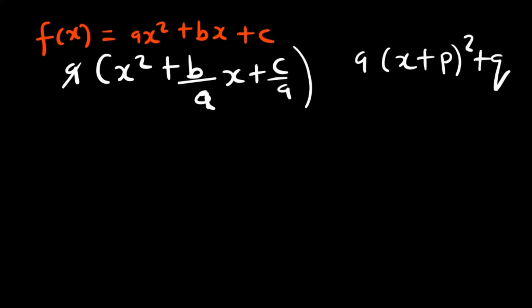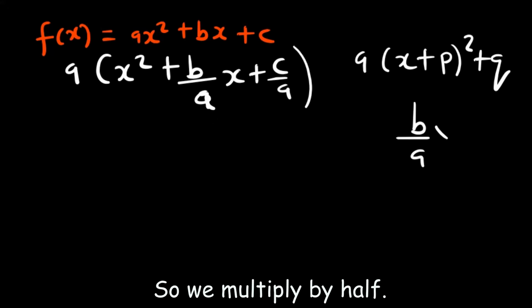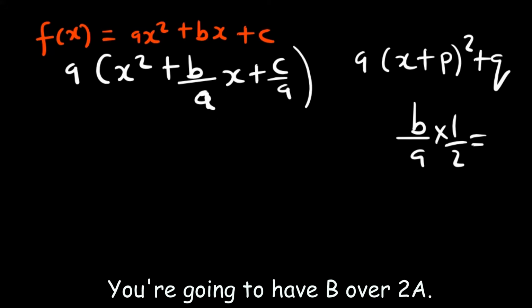So that is the basic of everything that you're going to be doing on this one. So now, what is a half? You have to first half this coefficient of x. Now what is the half of b over a? So multiply by half. You're going to have b over 2a.